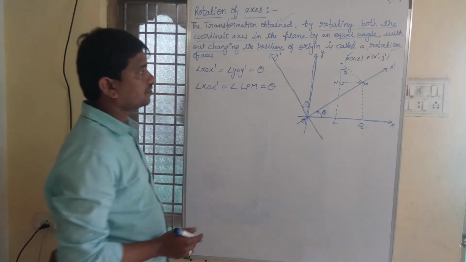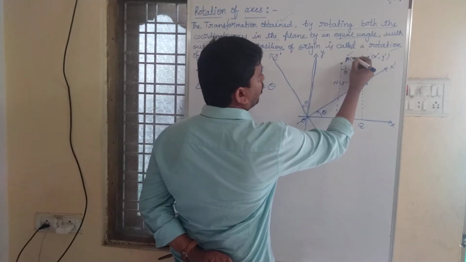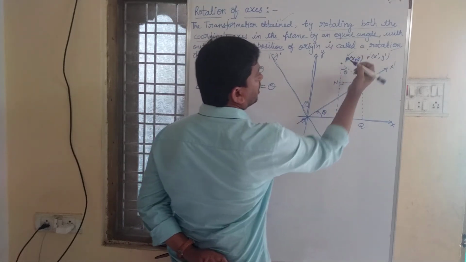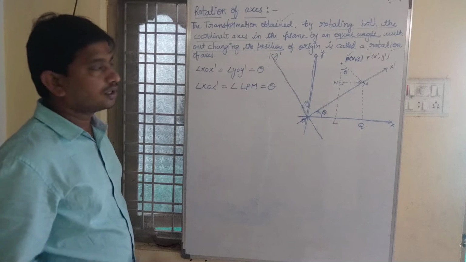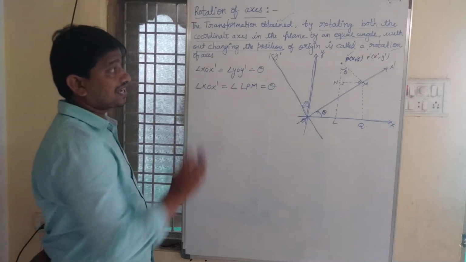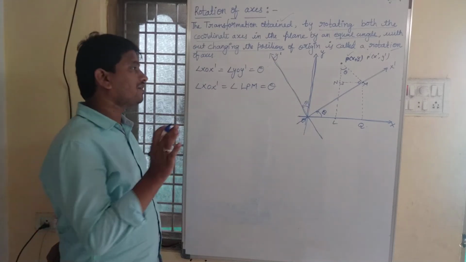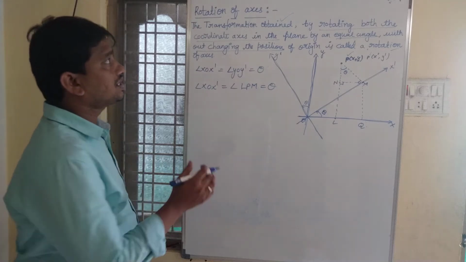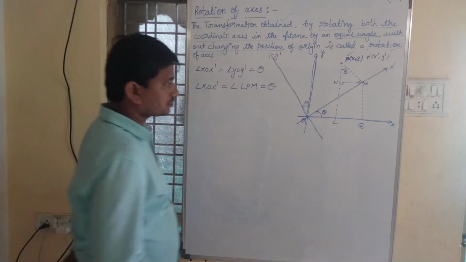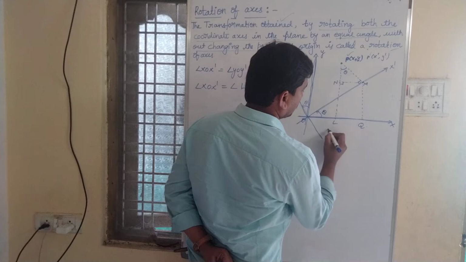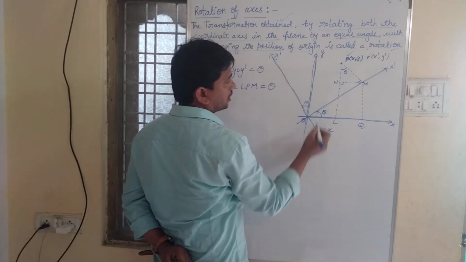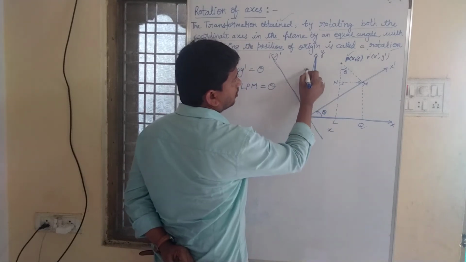Now we have to find the point P of x comma y in the plane, that is, the rotation of axis: the x coordinate and the y coordinate. See children, this is our x and this is our y.